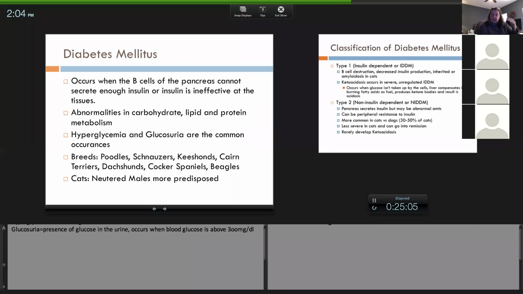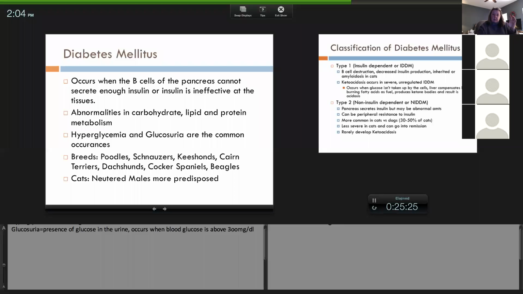And remember, ADH regulates urine production by how much fluid is excreted in the urine. So if they do not have enough ADH, you see the polyuria and the polydipsia, right? That was actually called diabetes insipidus.